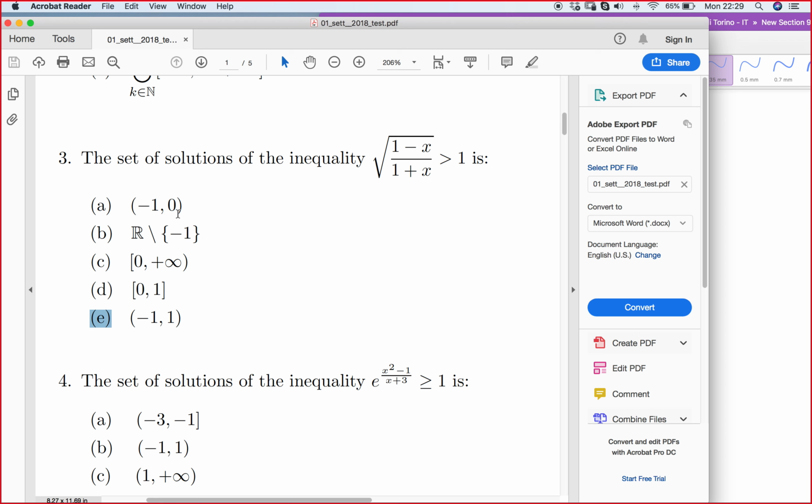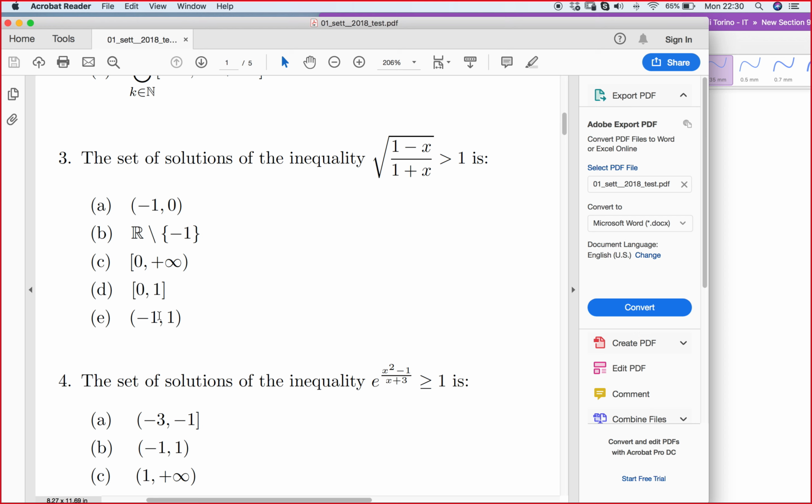What is a value that A contains but E does not? What is a value that E contains and A does not contain? None of them contain 1. What is the value that E contains but A does not contain? 0.